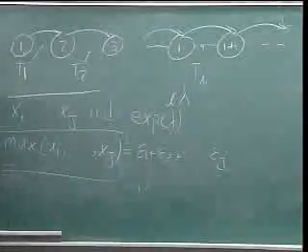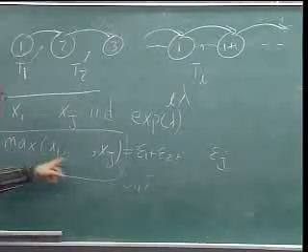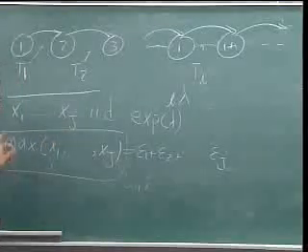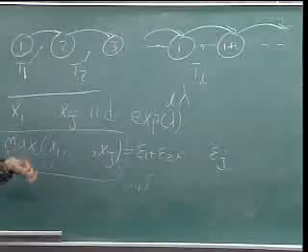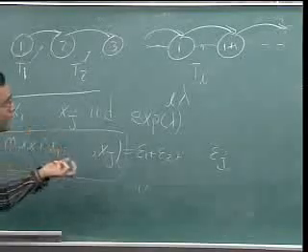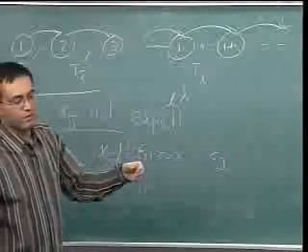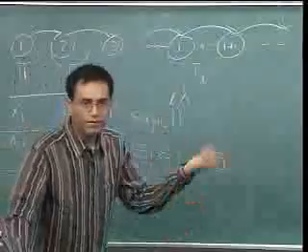So just to go fast over it and then go to the next step, it says that the maximum of these components' lifetimes is adding the lifetime till the time that the first one fails, then adding the difference until the second one fails, then the third one fails, and so on.